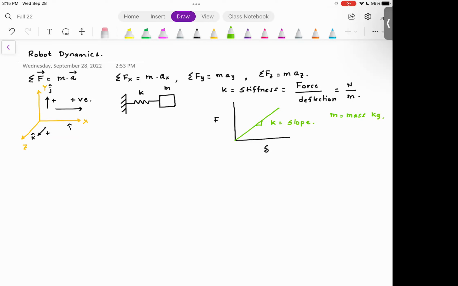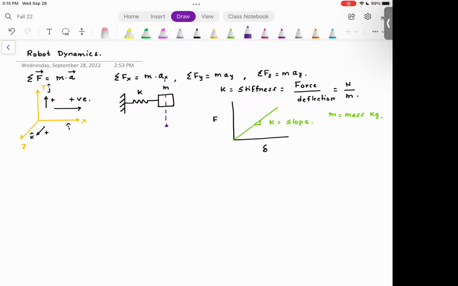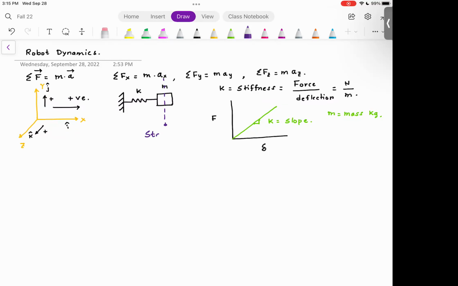Now what I want you to understand is this mass is initially at rest. This rest position is called the static equilibrium position.